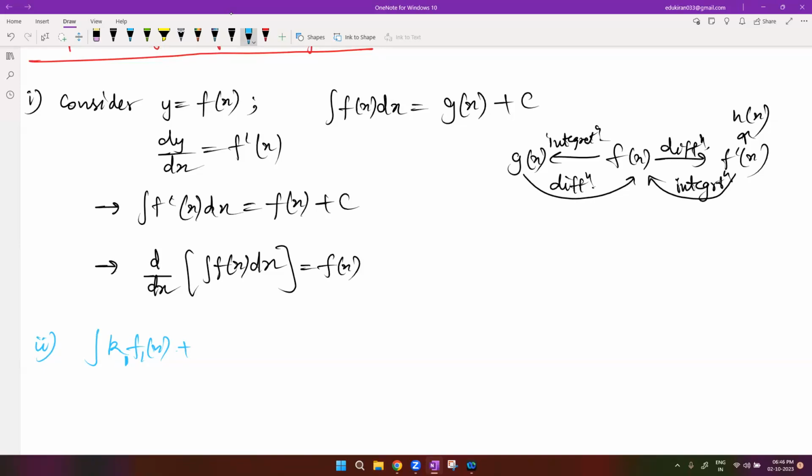And second would be this property that, let's say there is a constant value. It can be negative, it can be positive, it can be anything, but it is a constant. So I'm taking that constant as k1, and there is a function which is f1x. Now, if I have another function, let me first write the property, then I'll explain it to you one by one. There can be any number of functions.